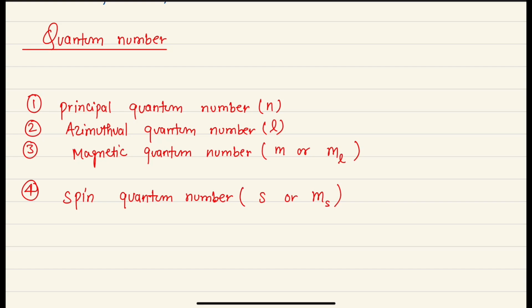And one thing I want to tell you, these 3 quantum numbers n, l and m are basically the solutions of the Schrodinger equation. This small n, and l and m, these 3 quantum numbers are the solutions of the Schrodinger equation.